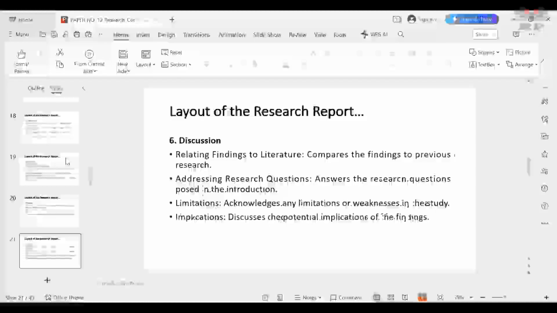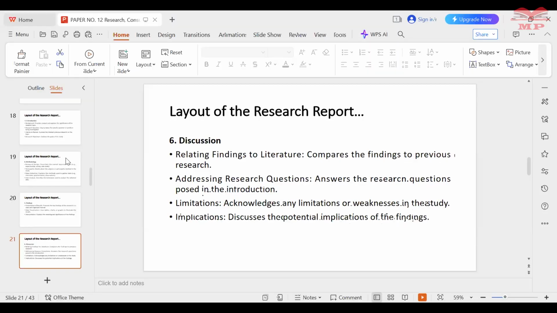Then when it comes to addressing research questions, a study might have set out to answer 3 questions to look at, for instance, the relationship between preparation of students and performance in the exam, study patterns and performance in the exam, facilities that students may have and performance in a given subject. So when we had that question, do facilities in primary schools affect performance of pupils?